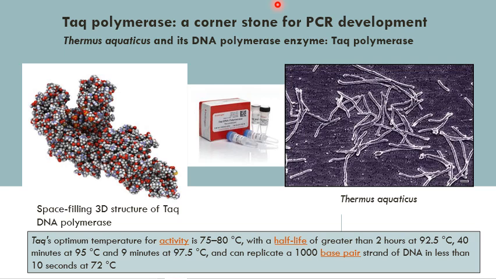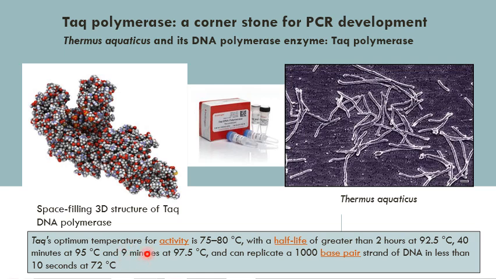For example, the optimal activity of the enzyme here is 75 to 80 centigrade, and it can stand more than this temperature. As you can see here, at 92.5 the half-life will be 2 hours, and once you increase the temperature, the half-life will decrease.